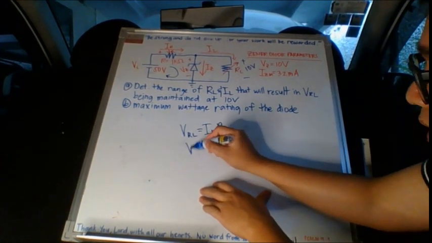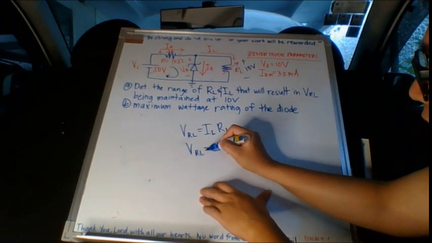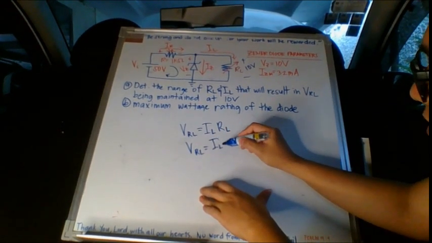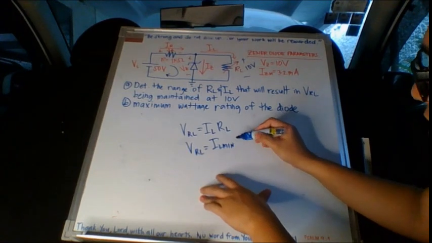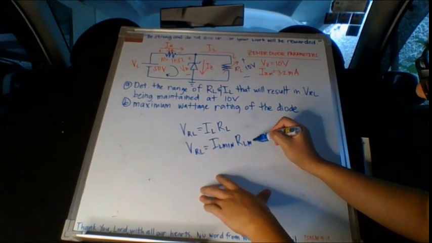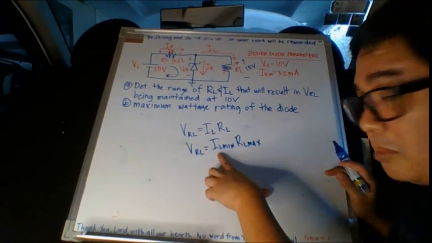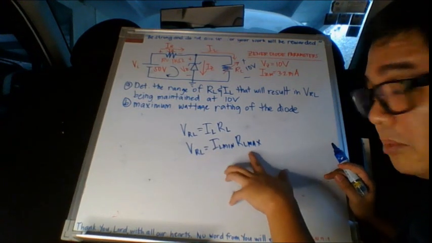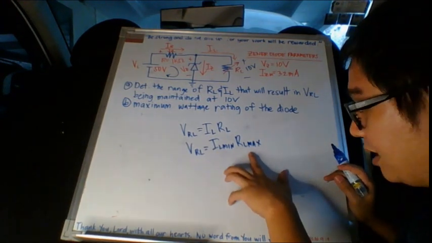Right. We have V sub RL equals IL min times RL max.